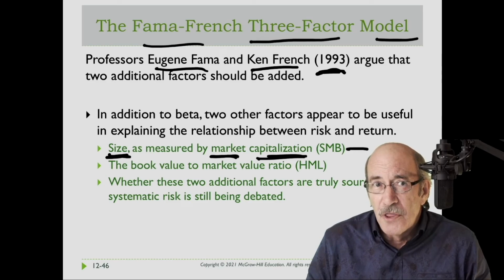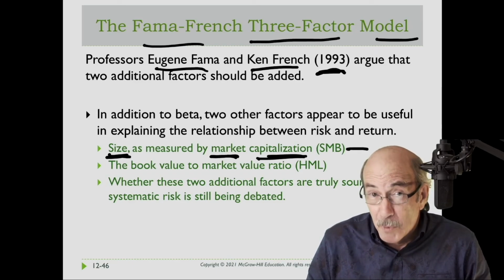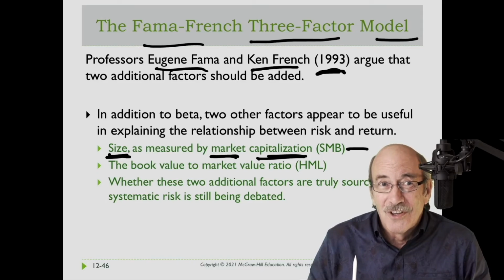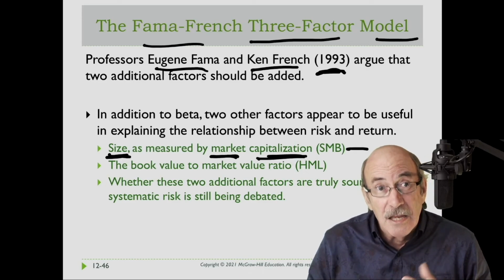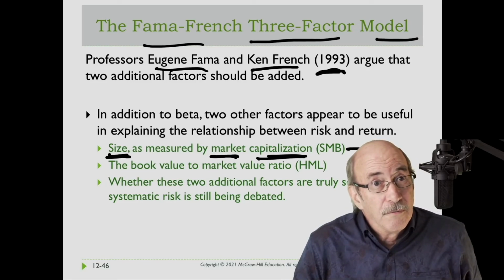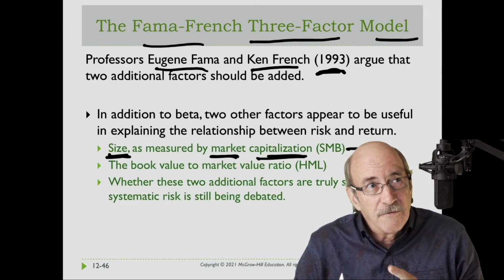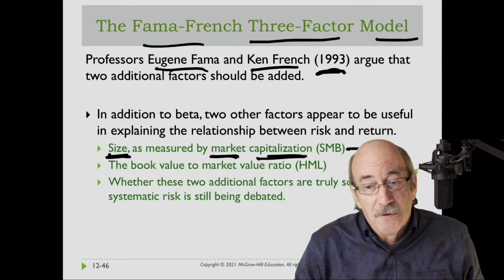So we saw that there were characteristics where low book to market firms, that is, firms with a high market to book, the inverse, didn't necessarily perform in the future as well as high book to market or low market to book firms, i.e., value versus growth. Or actually, I should say it the other way. The first one was growth, the second one was value.